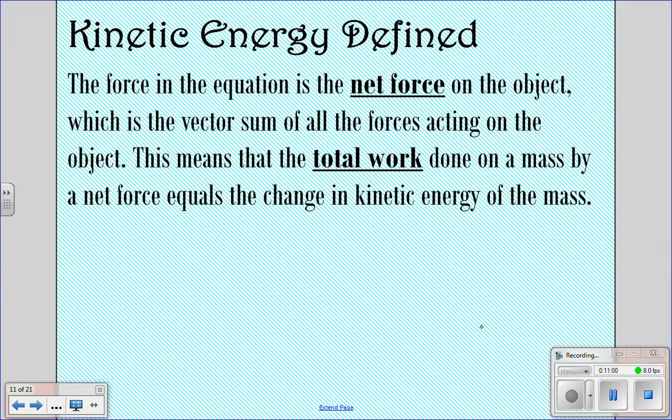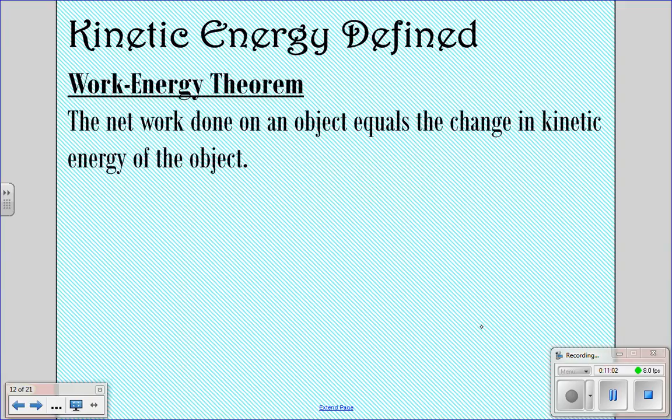Okay. The work energy theorem: the net work that is done on an object equals the change in kinetic energy of the object. Whatever force you applied, whatever work you did on your object, is just going to equal the change in your kinetic energy.